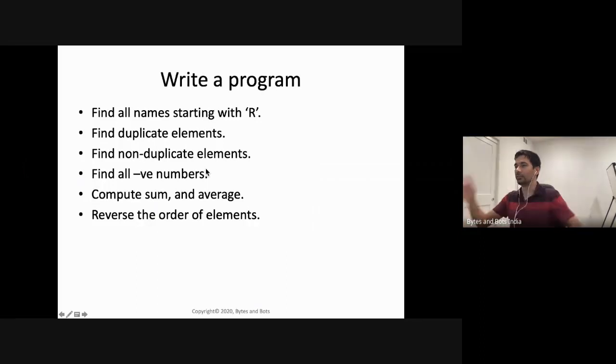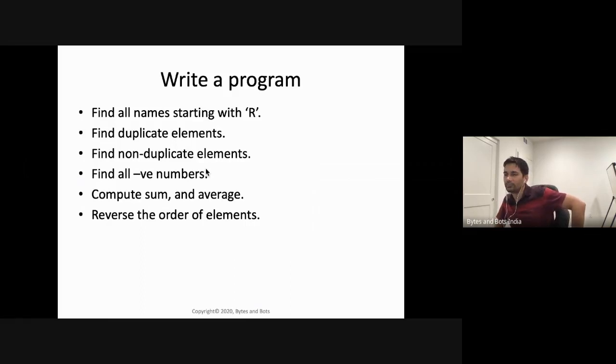A few of the programs that I had in mind are a bunch of these. If you look at the screen, it's like find all names starting with R, or any arbitrary character for that matter. We'll discuss and maybe write a program about finding duplicate elements in an array, or finding non-duplicate elements.